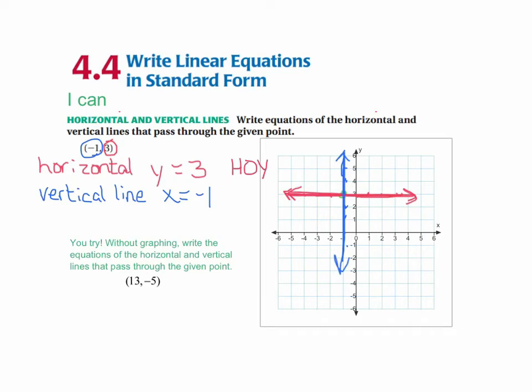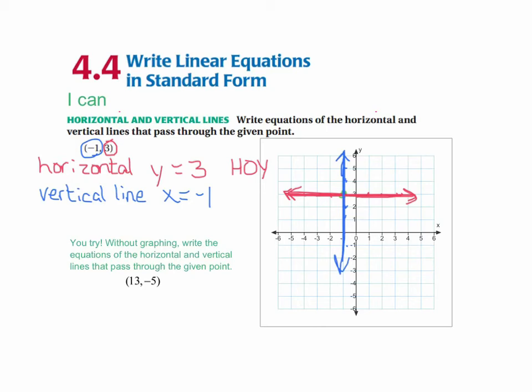Now, let's review our little weird way to remember this. Why do we say HOY? HOY is a horizontal line. What kind of slope does a horizontal line have? A horizontal line has zero slope, and the last part comes from the equation. So that y comes from the equation. The equation of a horizontal line is y equals, okay?